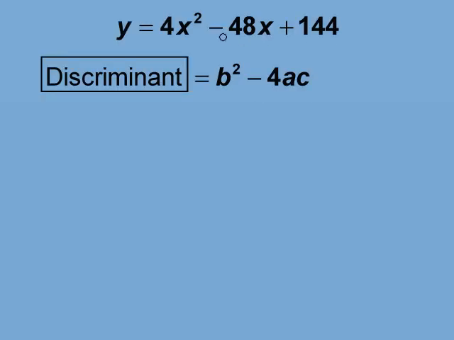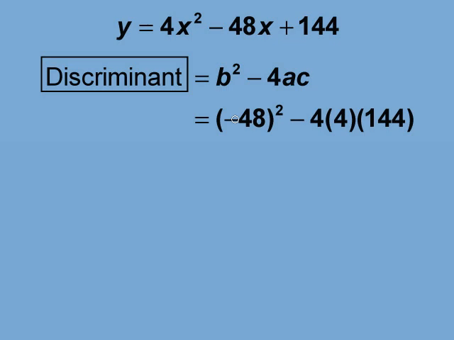The b value of negative 48 goes here. The a value of 4 goes here, and the c value of 144 goes here. Simplifying, we get a value of 0, meaning that this quadratic has one root.